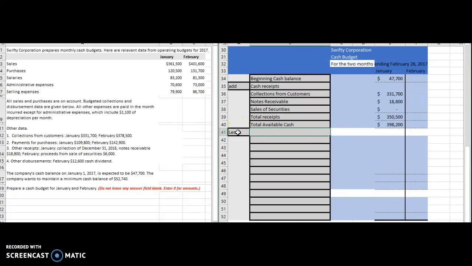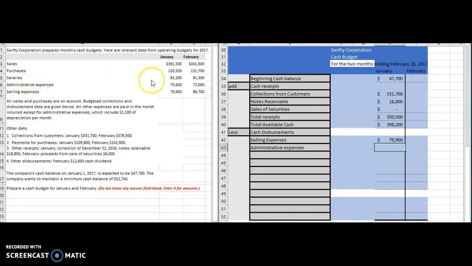Next, we're going to subtract our cash disbursements. Our first cash disbursement is selling expenses. For January, that was $79,900. Next, I'll put in administrative expenses. Now this one was giving me a little bit of a hard time.